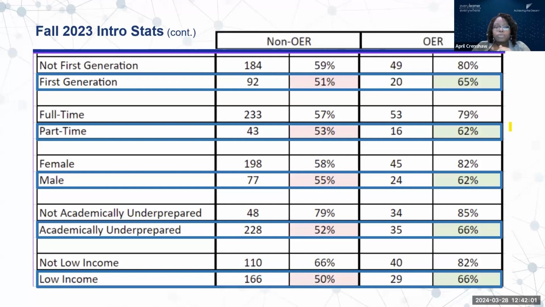We move the needle for them while at the same time helping students who came in at college level. And our last category, for our low income or Pell eligible or poverty impacted students, we move the needle for them while at the same time moving the needle for the students who do not fall in that category.